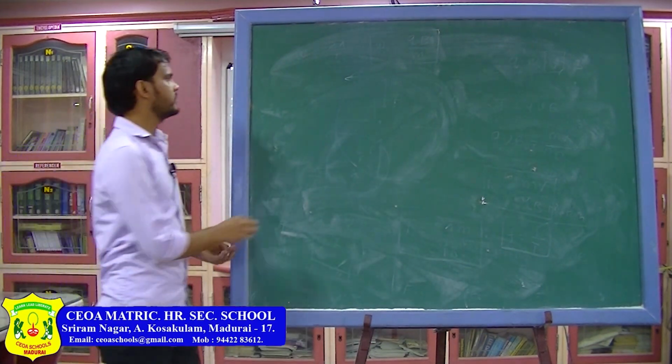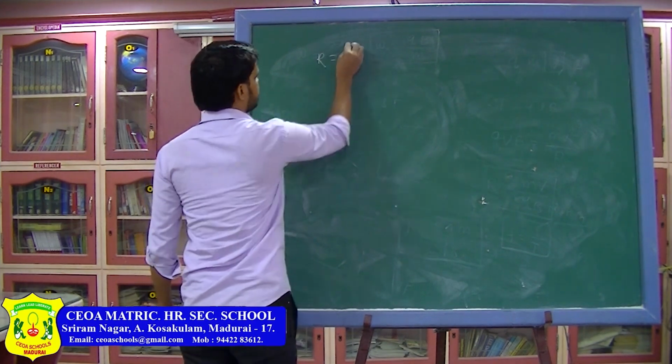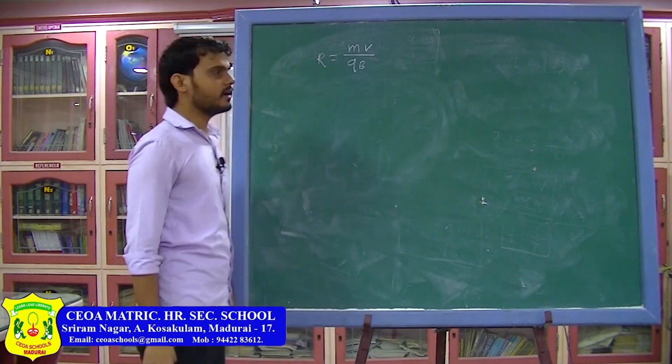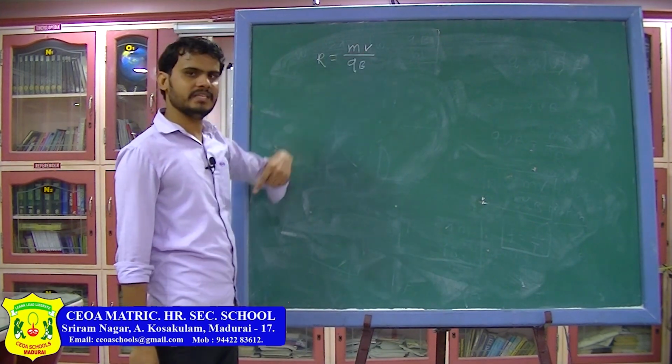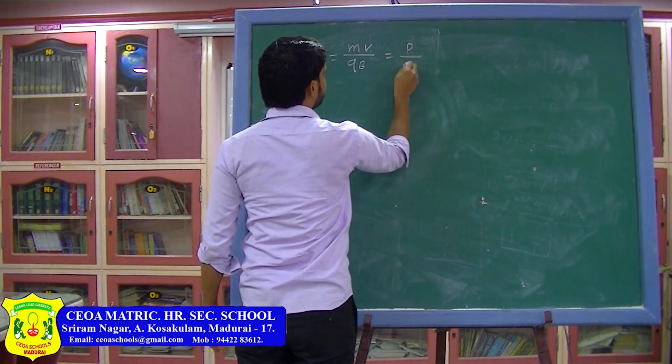So we have seen a formula for the radius of the circle when the particle is moving in the magnetic field, which is given as mv divided by qB. Now as you can see, m into v is the momentum. So this can be written as the magnitude of the momentum, p divided by qB.